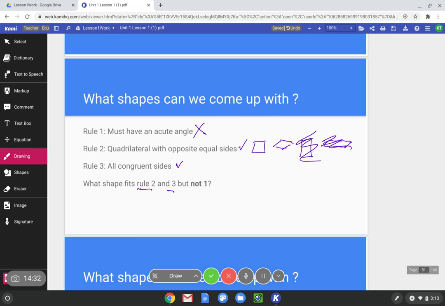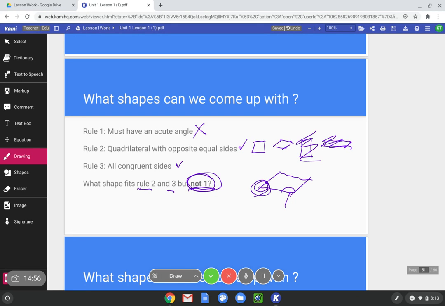But it cannot follow rule 1. Meaning, okay, so must have an acute angle. So if we're not following rule 1, that means that it can't have an acute angle. Well, a rhombus, does it have an acute angle as we said? This one would be obtuse.